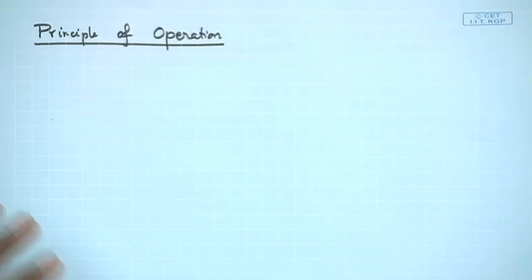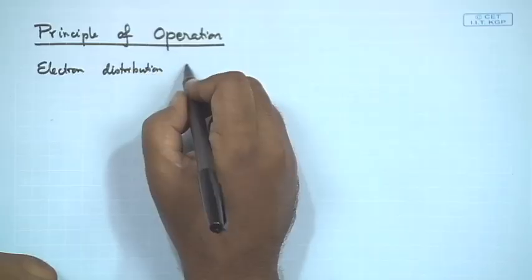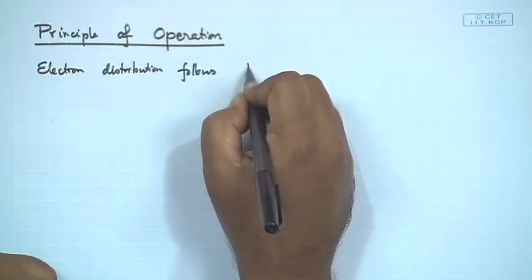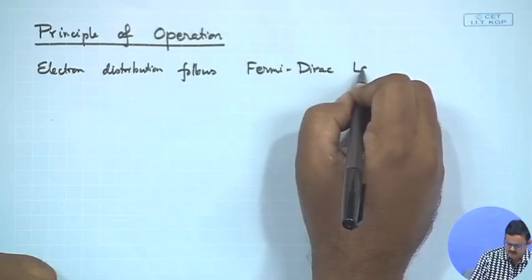See, if you take any material or any surface, we have a distribution of electrons on the surface, and the distribution of electrons follows something called the Fermi-Dirac law. The Fermi-Dirac law states that, let me write it down, electron distribution follows the Fermi-Dirac law.